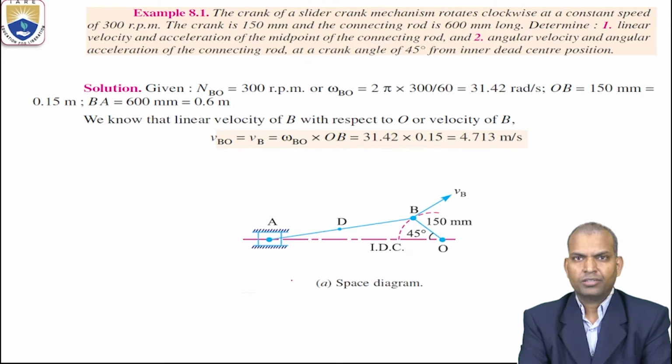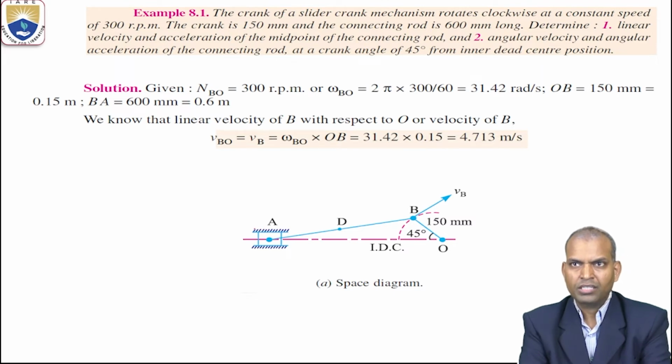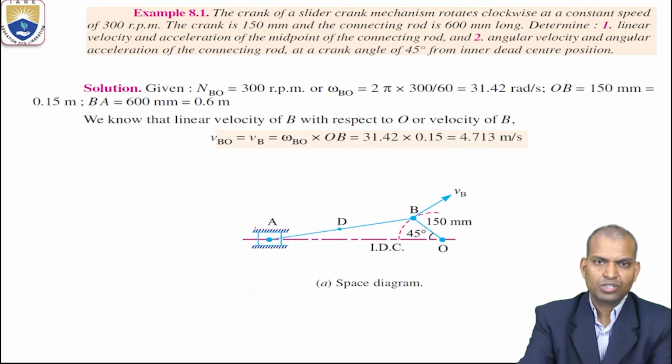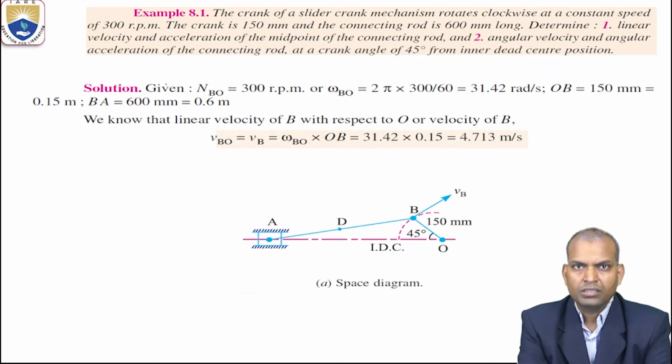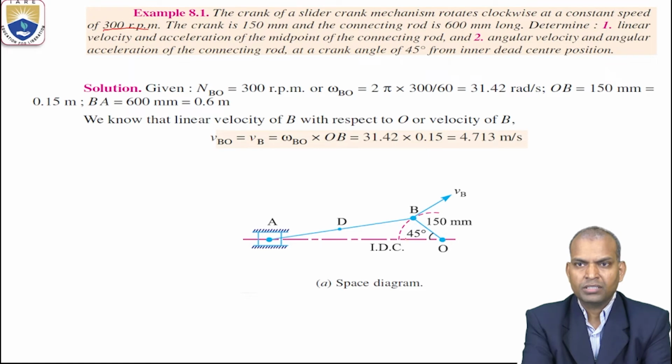The crank of a slider crank mechanism rotates in clockwise direction at constant speed of 300 revolutions per minute. The crank length is 150 millimeter and the connecting rod AB is 600 millimeter.